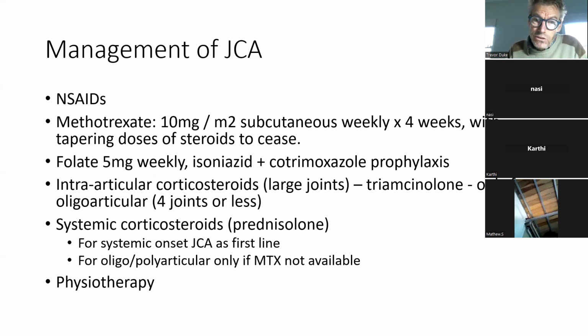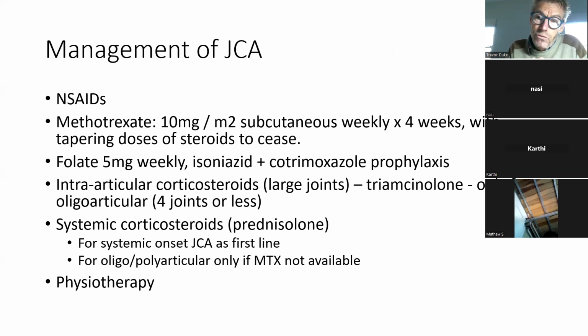And the dose is 10 milligrams per meter squared subcutaneously, or sometimes it's given intramuscularly or orally each week for 4 weeks. And that's not a chemotherapeutic dose of methotrexate. It generally doesn't cause major immune suppression. It will cause some immune suppression, but not major neutropenia.